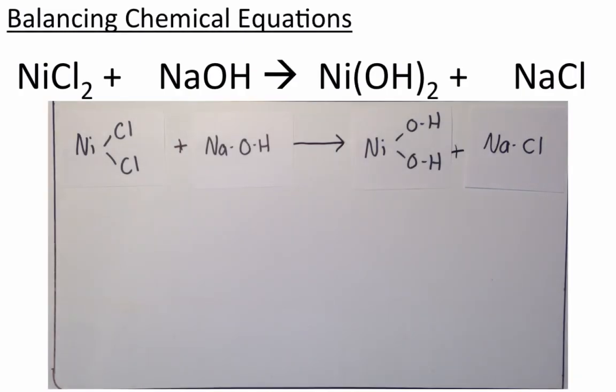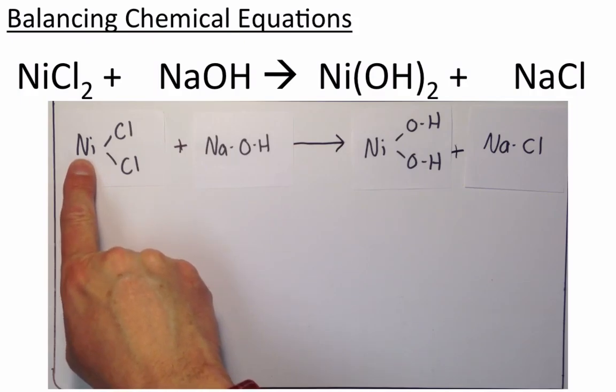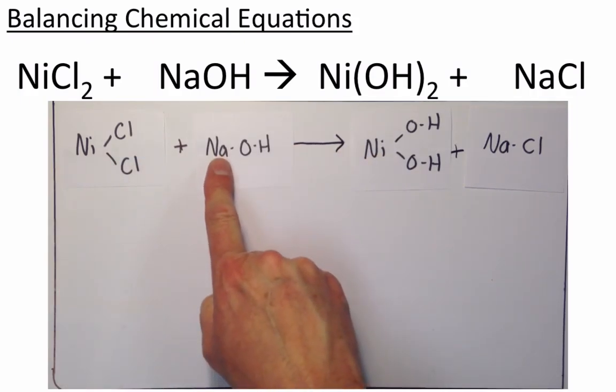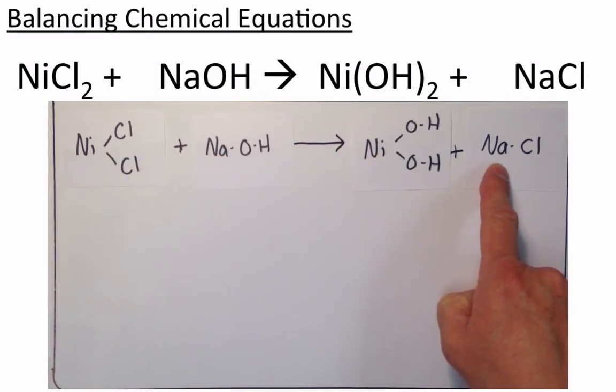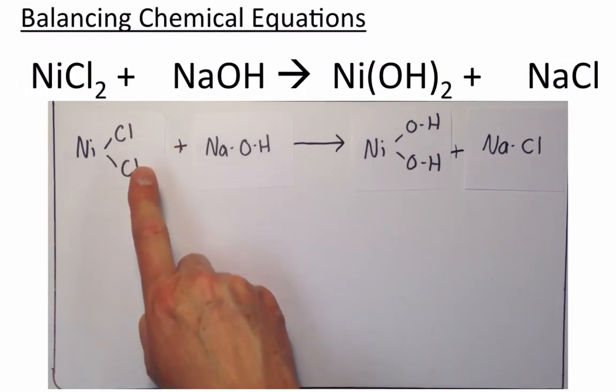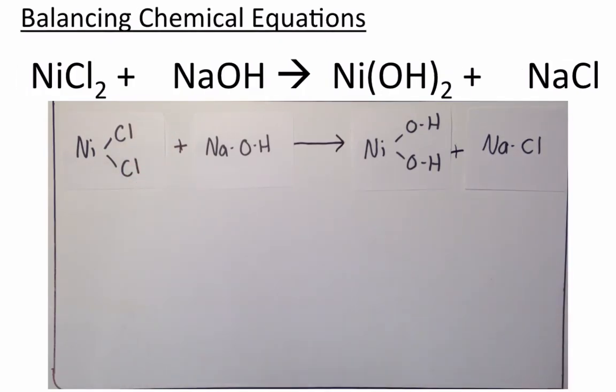Let's do another one. Nickel chloride plus sodium hydroxide yields nickel hydroxide and sodium chloride. Let's start with our metals. We have 1 nickel, 1 nickel, 1 sodium, 1 sodium. Things are looking good. 2 chlorines, only 1 chlorine. Let's add another chlorine. Now I have 2 chlorines, but now I have 2 sodiums, and I only have 1 over here.